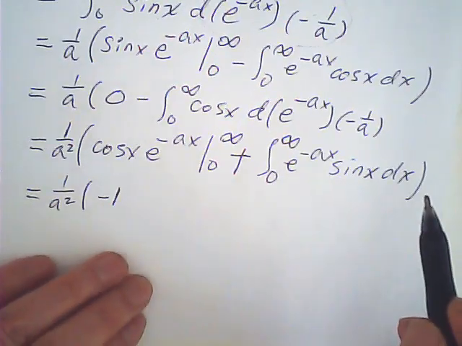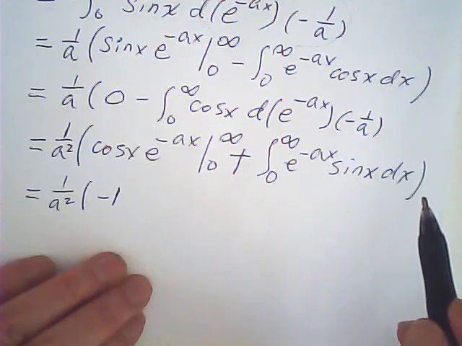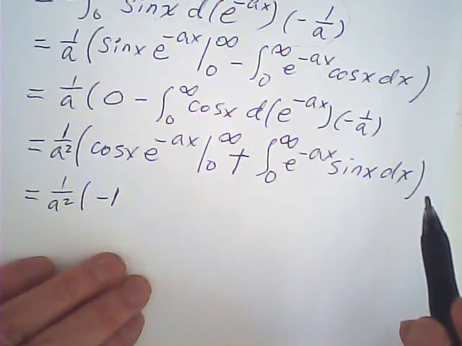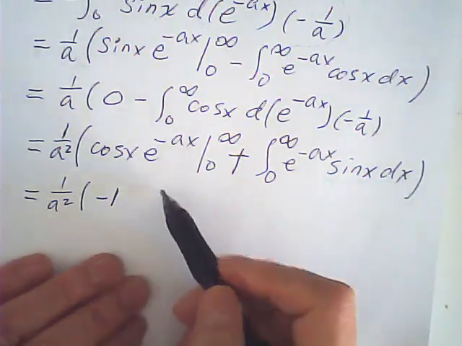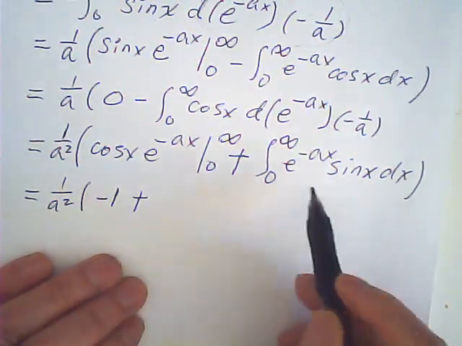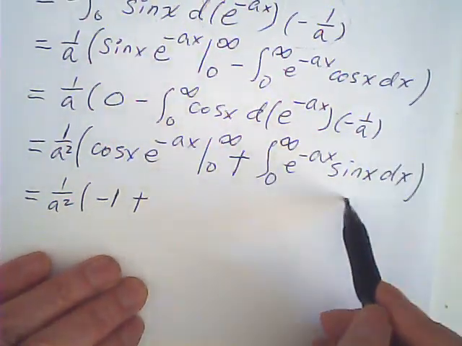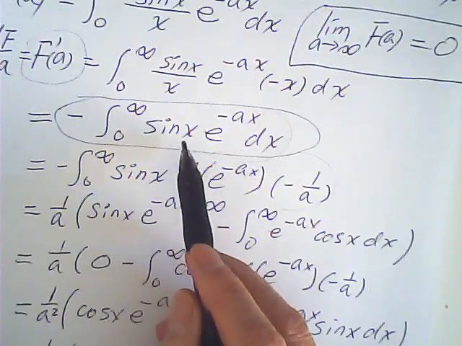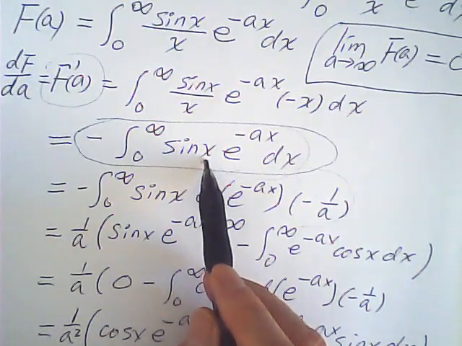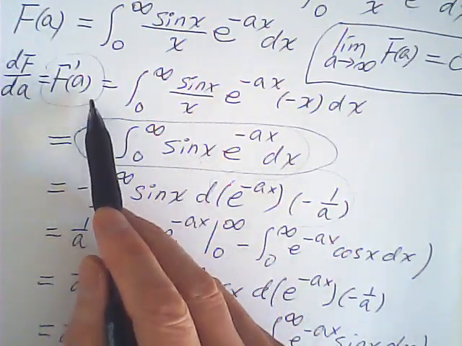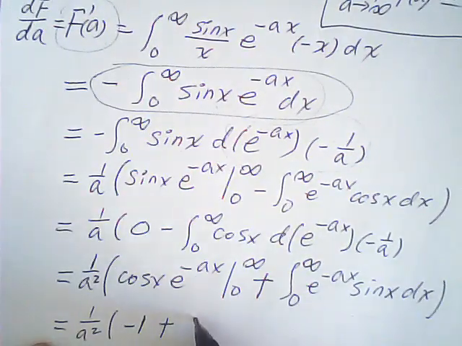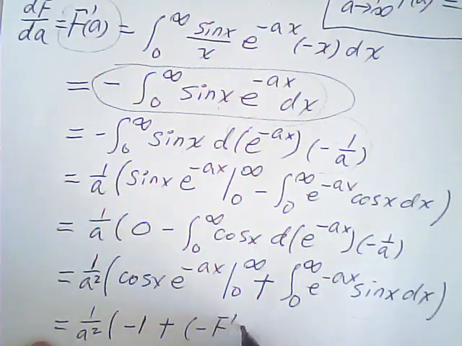And plus this. This is equal to negative f prime of a, right?